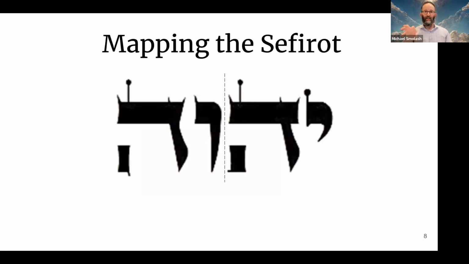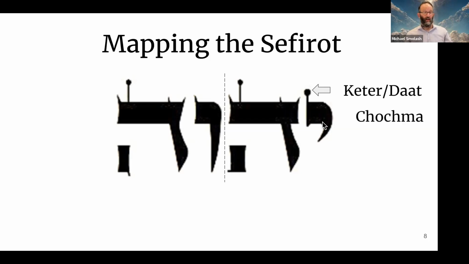So looking at these four letters, there's a first two and a second two that are distinct. The first two, the Yud and the Hey, this is, let's call it, God's intellect, which is within God. The Vav and the Hey, that is God's emotions and expression, which is relating to creation. And if we go through, we see that Keter, which we described, that is the thorn on the Yud, which is what is leading God to have this point of inspiration.